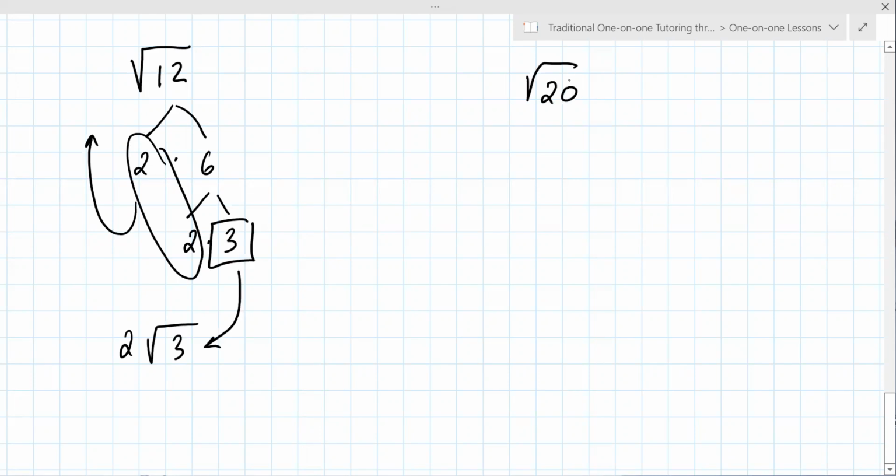Okay, now I'm going to leave this example up. I want you to try the square root of 20 for me, please. Okay.